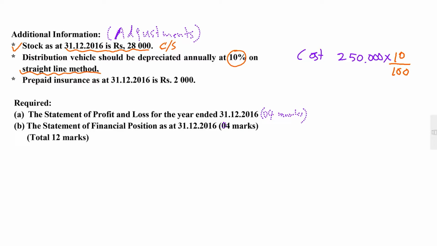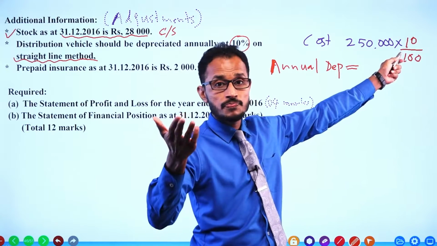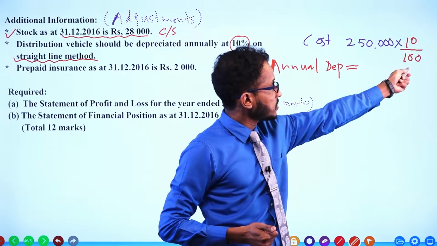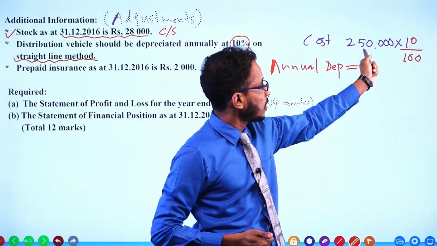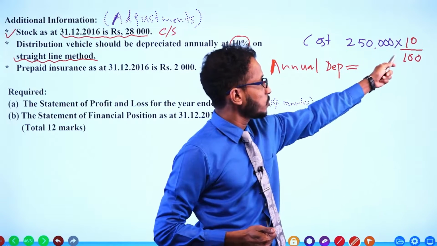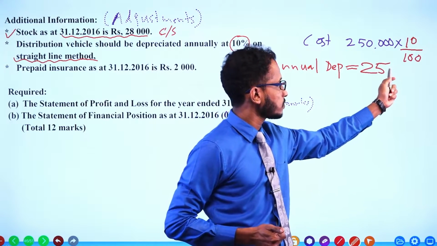And the answer is annual depreciation. Annual depreciation, children. How much is it now? 10 over 100 into 250,000.